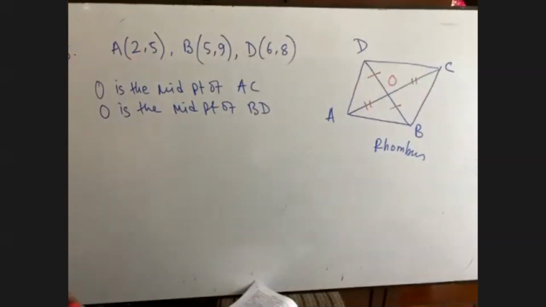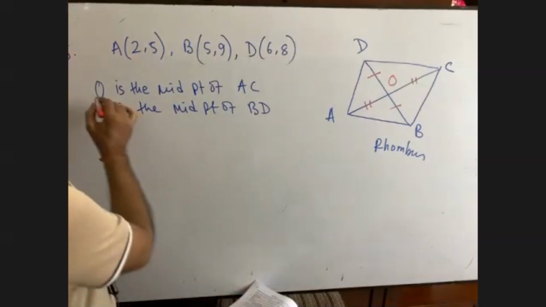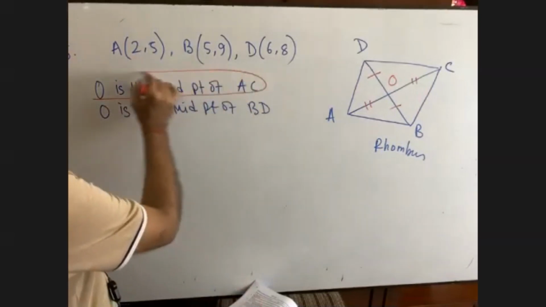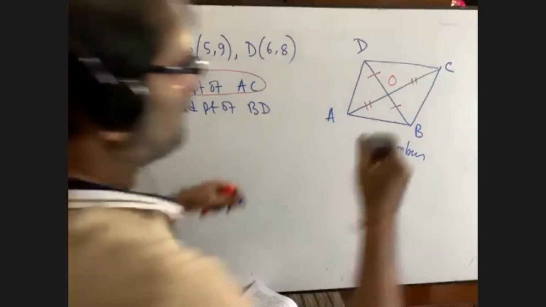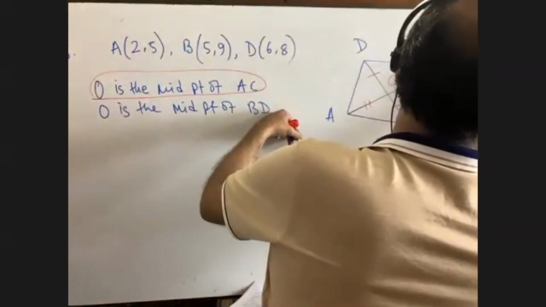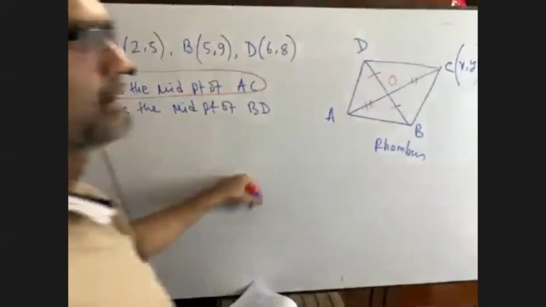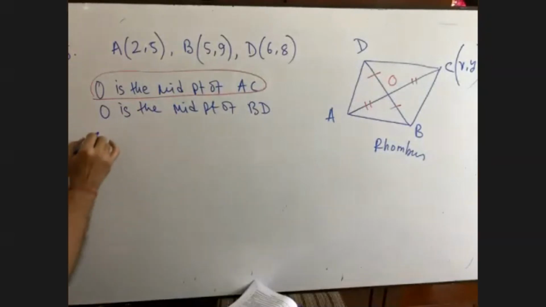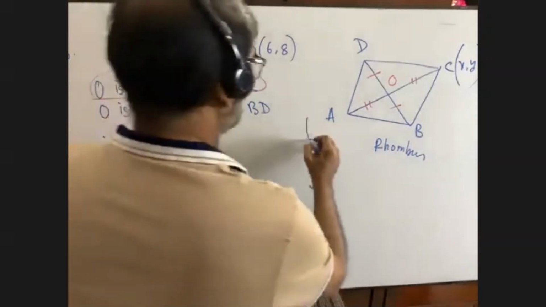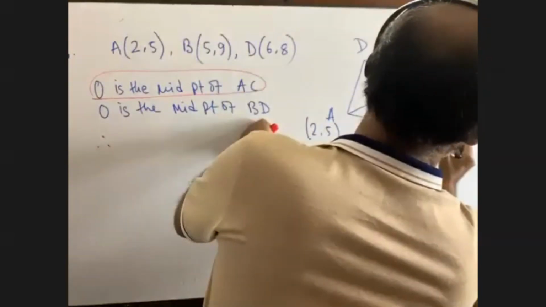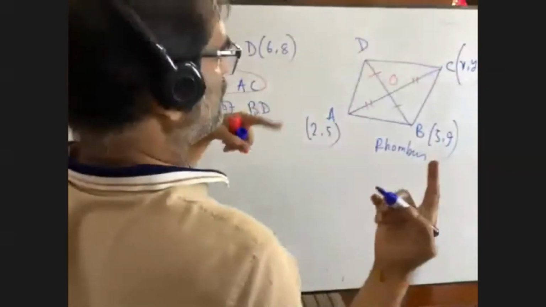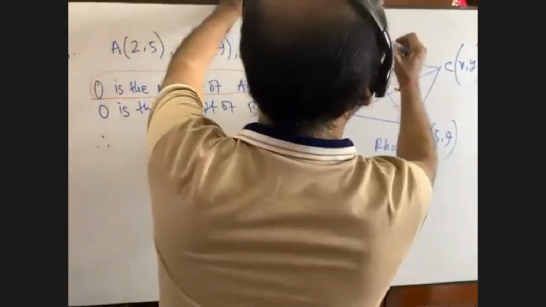Okay? So when O is the midpoint of AC, what is the coordinate of O? Let it be x, y. We have to find C. So can you write, therefore, what is A? You write down A is 2, 5, B is 5, 9, C is not given, D is 6, 8.